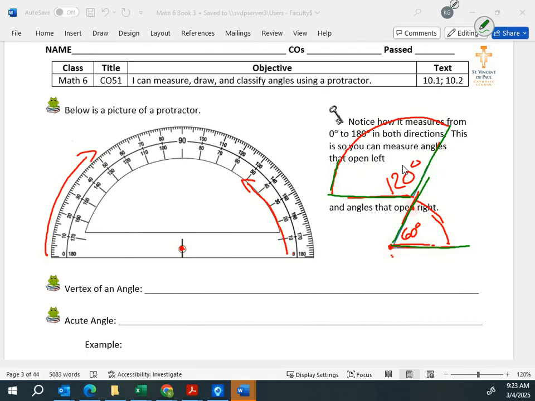Yes? When we put the circle, do we have to use a line to draw the line? The line is already on the paper. So what I would do is use the bottom of your protractor as like a ruler to draw your straight line over.